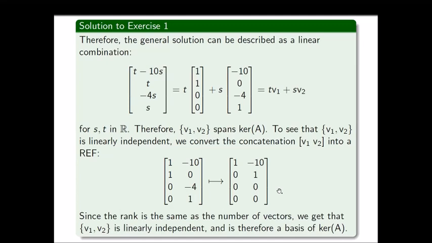What's important here is that the rank, which is 2 for this row echelon form, is the same as the number of vectors, and therefore we get that the set containing v1, v2 is linearly independent. And because it's a spanning set and linearly independent, it's a basis for the kernel of A.